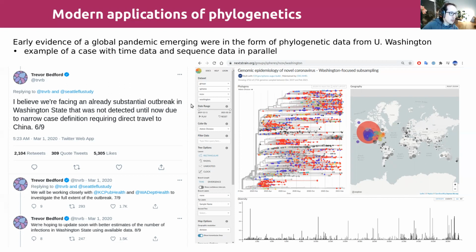So some of the first people to recognize that the pandemic was going global were researchers at the University of Washington who were looking at phylogenetic data, sequencing data of coronaviruses, and determining, based on these kinds of trees, that the data they were seeing at the time was not simply the result of people who had traveled directly from China, that this had already reached the point where it was spreading from within the population there. And so these were the first warning signs that we were dealing with a truly global pandemic.